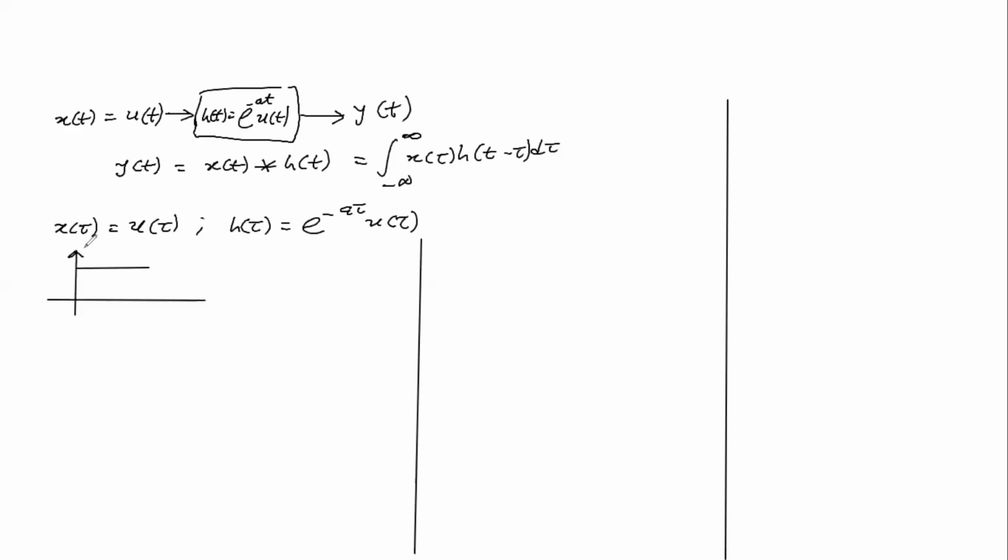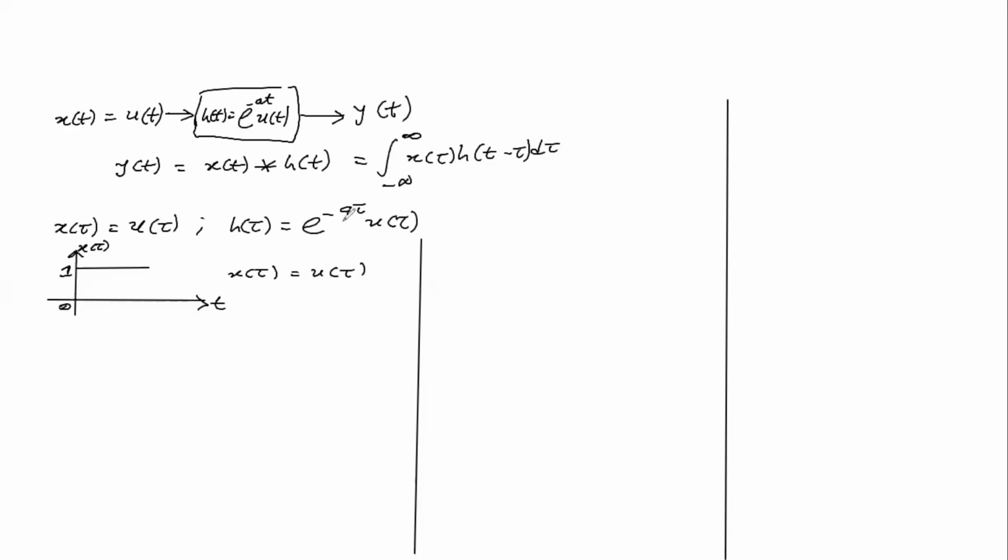So this is S of tau. This is the unit value, this is 1. This is 0 at the origin. Then this is t, where S of tau is equal to u of tau. That's what we have.